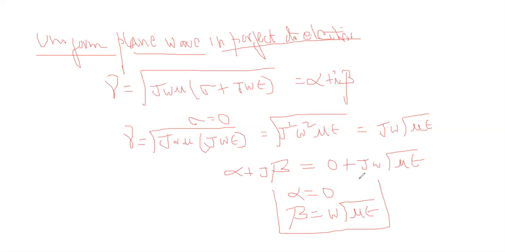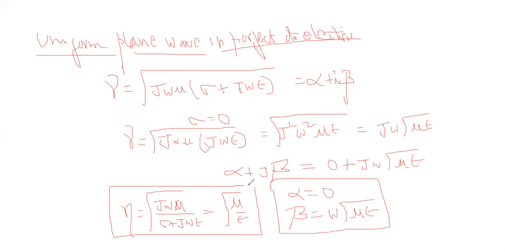So these are the two conditions we get for a uniform plane wave in a perfect dielectric: the attenuation constant is 0. Similarly, eta is equal to the square root of j omega mu by (sigma plus j omega epsilon). For a perfect dielectric, sigma is 0, so it becomes the square root of mu by epsilon.